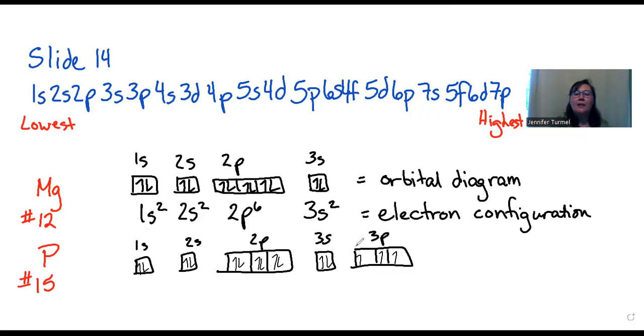Okay, and that is our orbital diagram for phosphorus. And now let's go ahead and do our electron configuration. 1s2, 2s2, 2p6, 3s2, and 3p3.